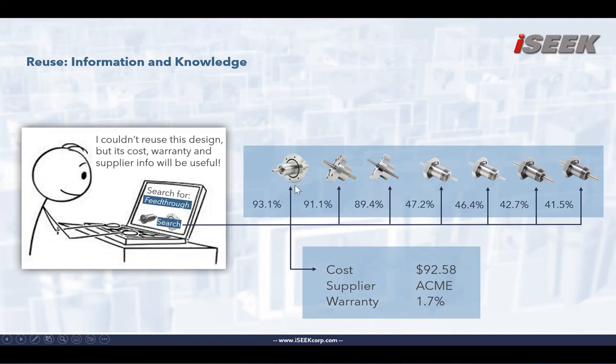And the information associated with this model may be very relevant to the new design. Its cost can be accessed for a quick cost estimation. The suppliers can be accessed to create a short list of suppliers that should be put on the list of potential suppliers for the new part. Warranty information can be accessed and so on.